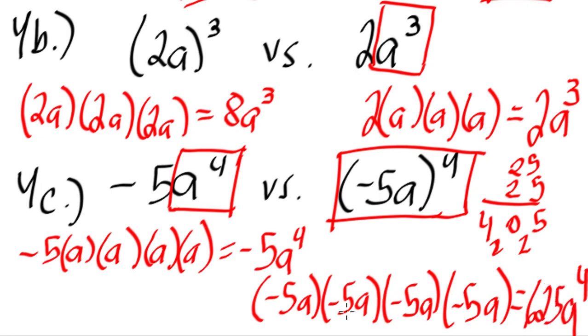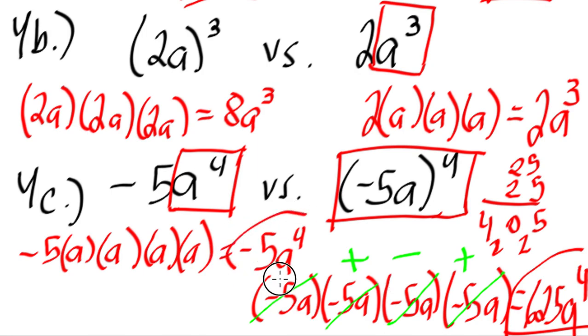And oh, don't forget the negative sign. So negative times negative is positive. Let's note it here. Negative times negative is positive. This is positive now, times negative is going to give us negative. Negative times negative is going to give us positive. So yeah, it doesn't change our answer. So the answer here, when it is operated, is 625a raised to 4. Imagine the difference between that and negative 5a raised to 4.